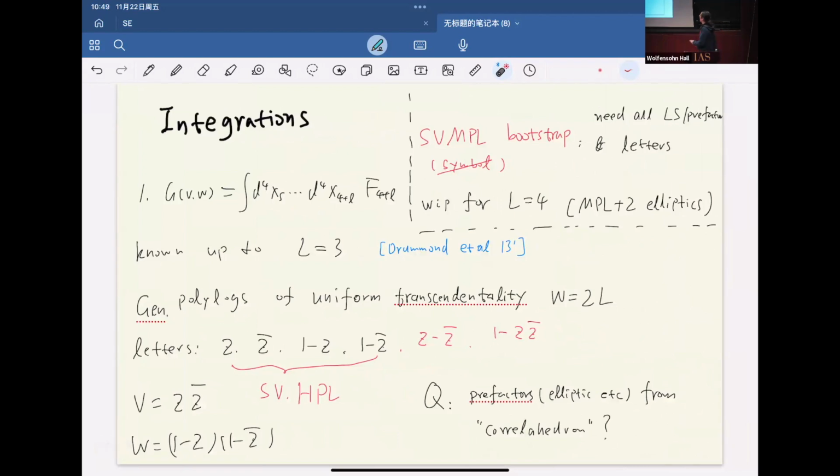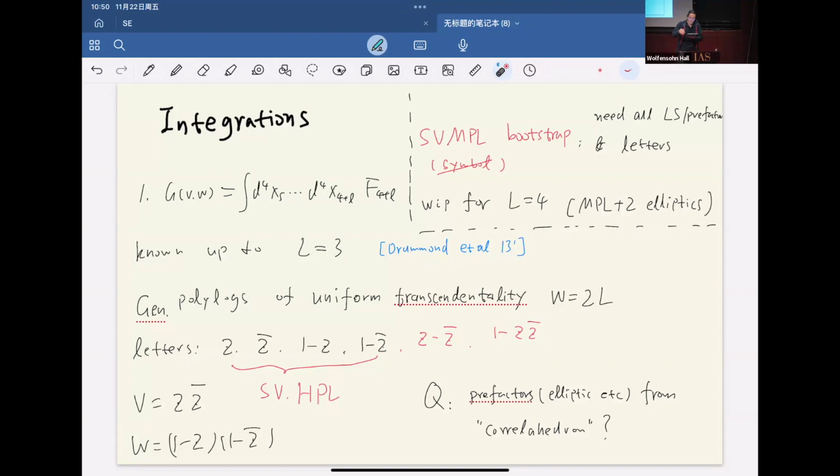So finally, let me just mention very quickly something about integrations. Once you get this rational function that depends on all the 4 plus L points, you have several choices. One is what we physicists care most about: you integrate over all the loop punctures, you get some function of 2 cross ratios. At 1 and 2 loops, these functions are very simple.